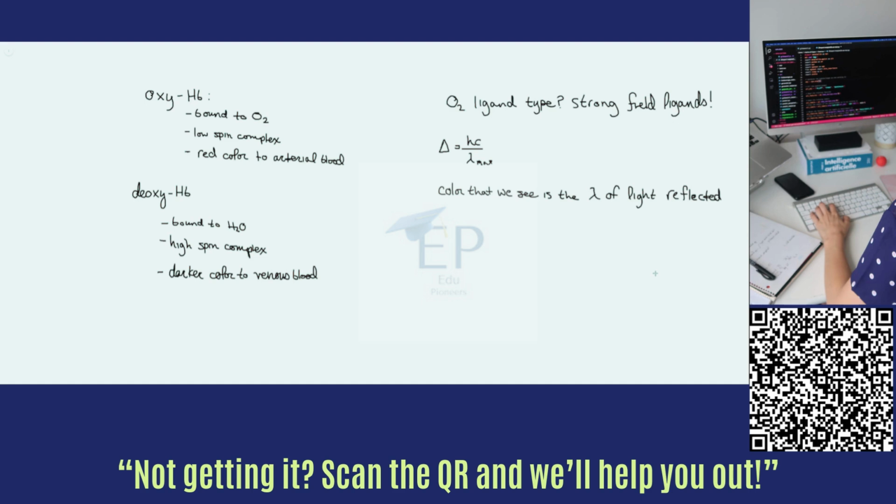And the wavelengths of light that are typically reflected back are the opposites, rather the complements, of that wavelength on the color wheel. All right.